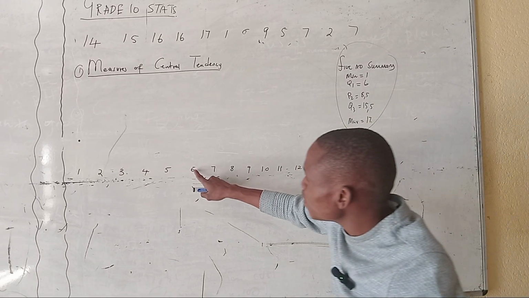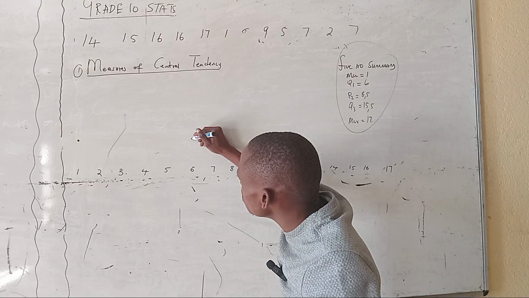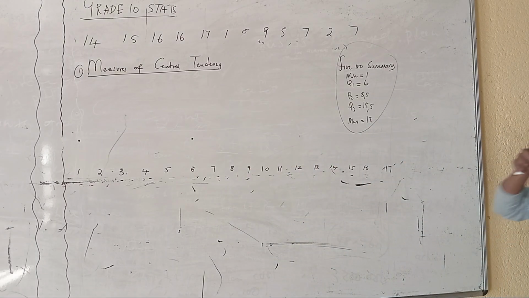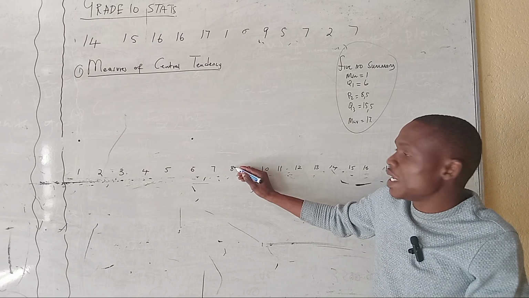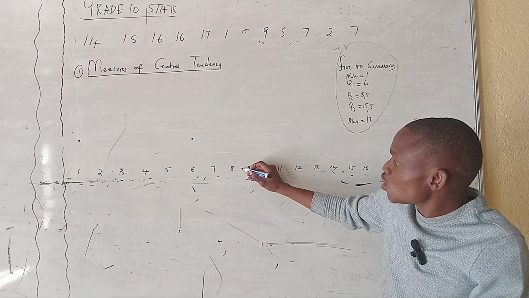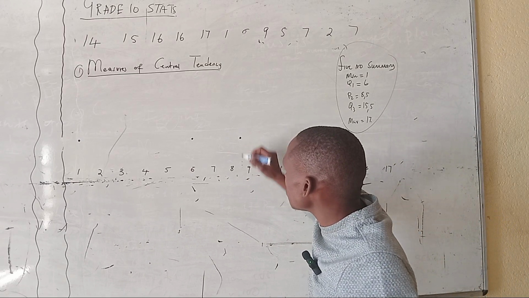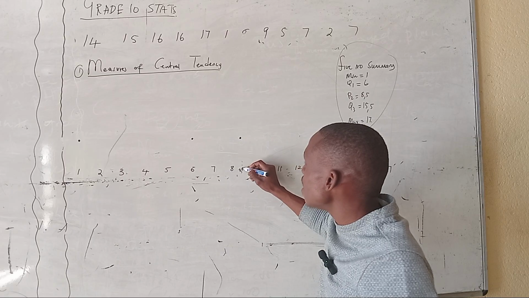Our Q1, which is the lower quartile, is 6. So on top of 6, you also put a point. Our Q2 is 8,5, between 8 and 9, so you put a point and write 8,5.